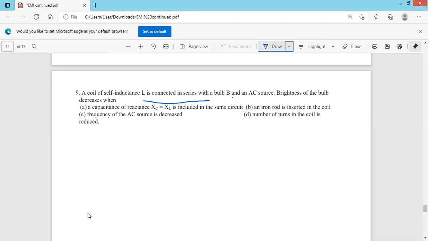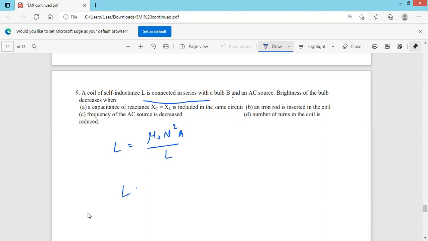So we know that the self-inductance L is equal to mu naught N square A by l, the self-inductance of the coil.